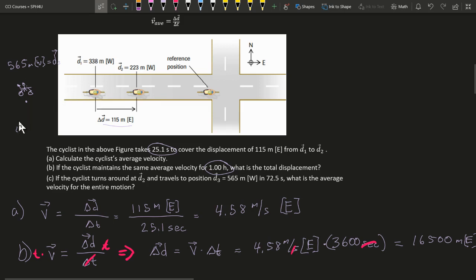So really we're only counting the motion from here to here.